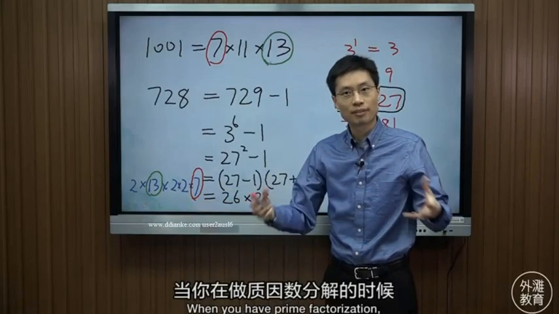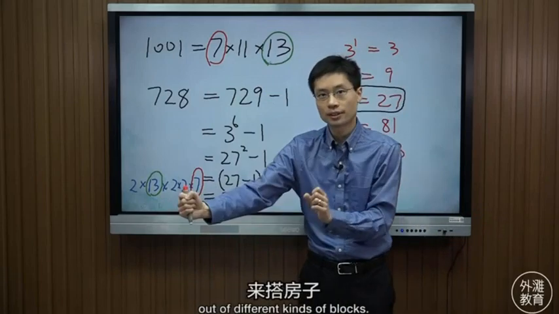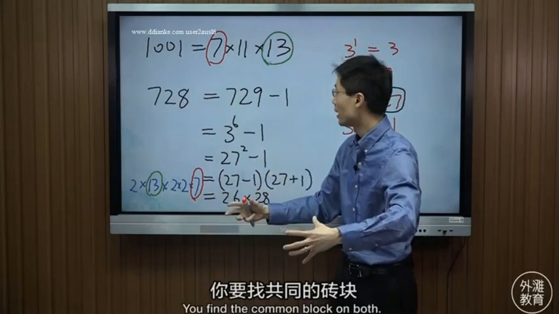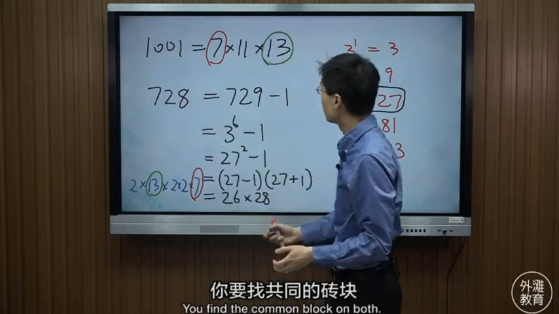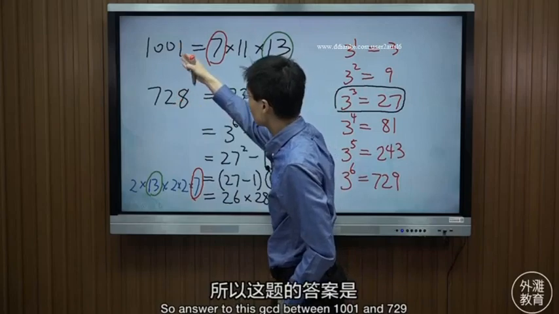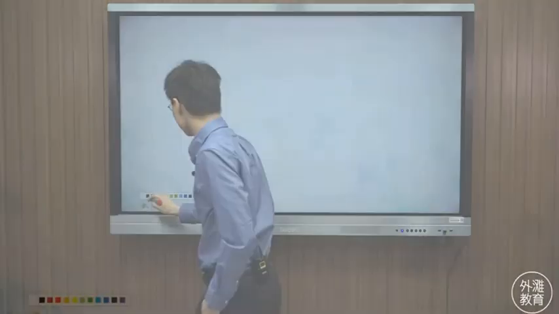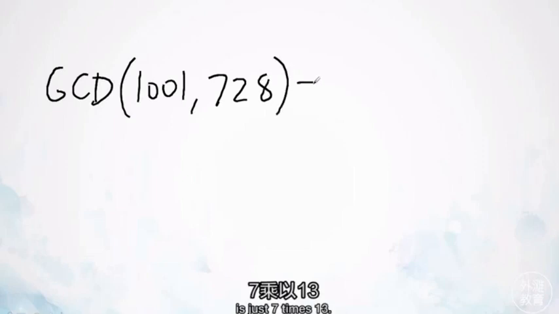When you have prime factorization, it's like you're building things out of different kinds of blocks, and you find the common blocks on both. So the answer to this GCD between 1001 and 728 is just 7 times 13.